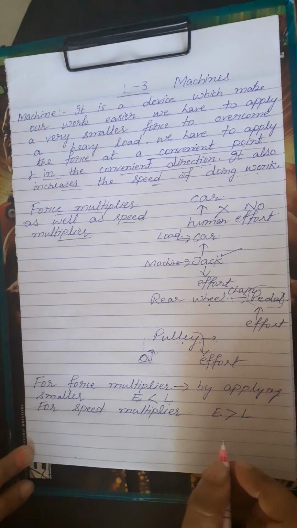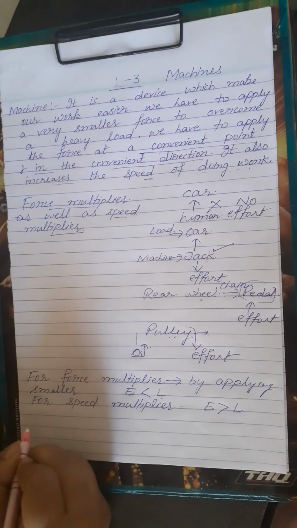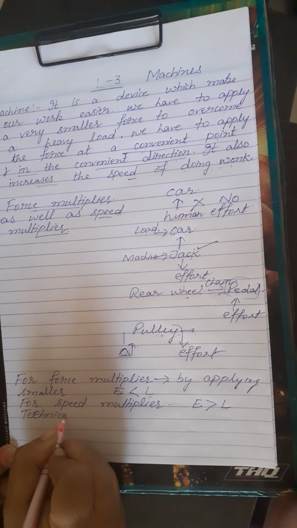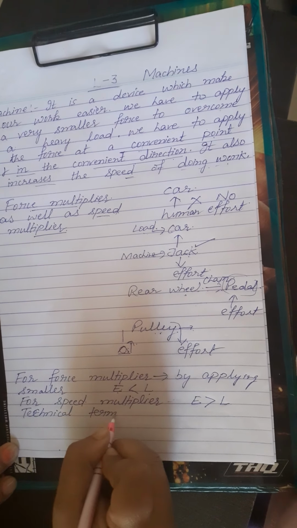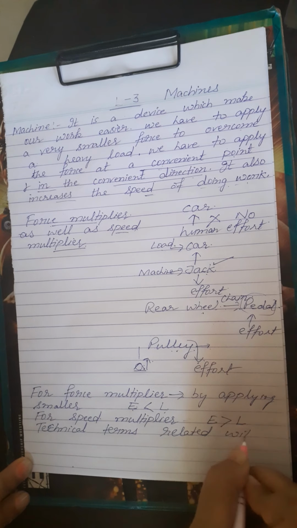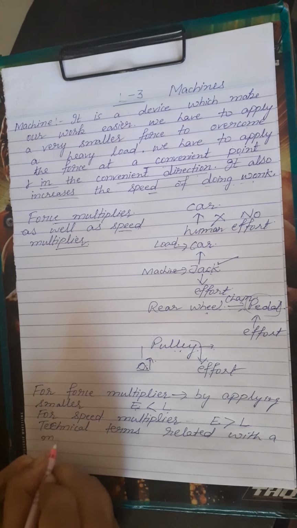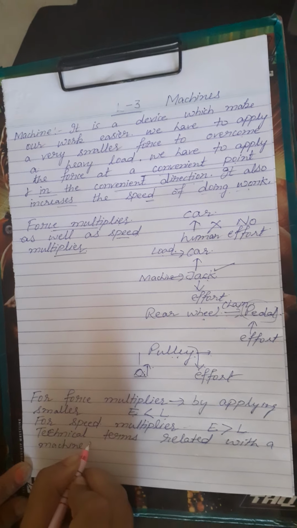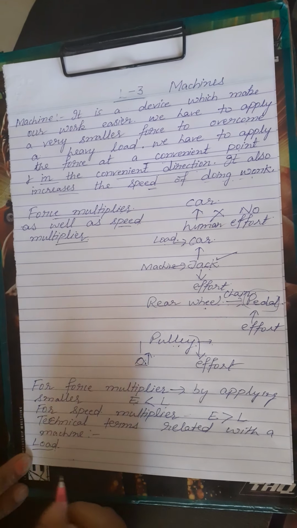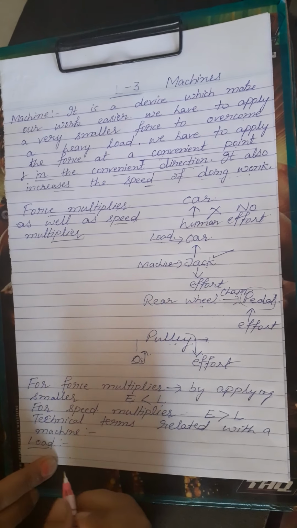Then next बच्चे, some technical terms are there. First of all is technical terms related with the machine. First technical term is beta load. Already I have told you, load means, like I gave the example of car and jack.